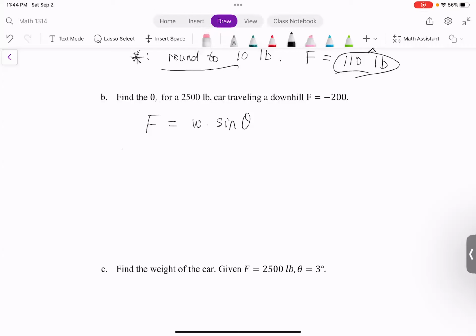Now we have the gradient resistance here, negative 200. W is 2,500, and I have sine theta. Looking for theta, isolate sine theta first. Divide both sides by 2,500. Then I have sine theta equals negative 200 over 2,500.